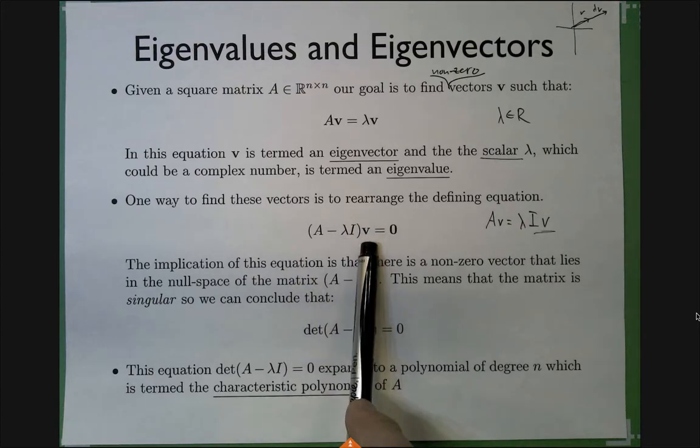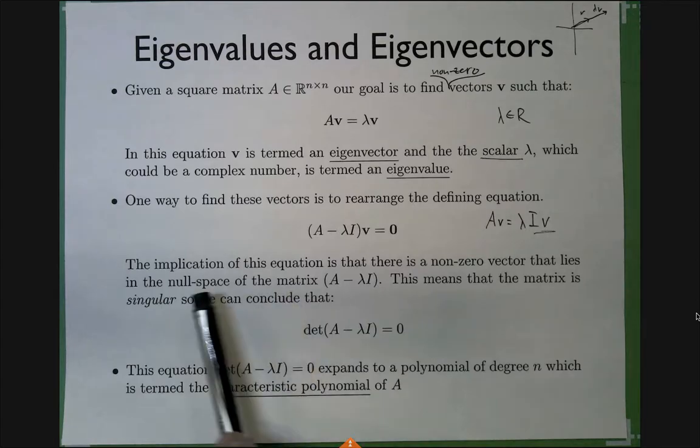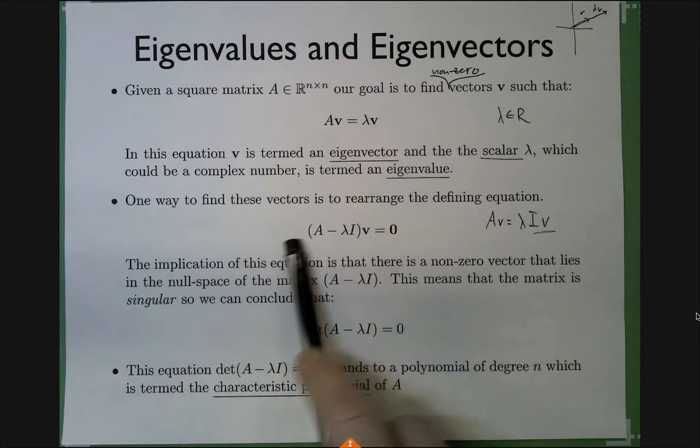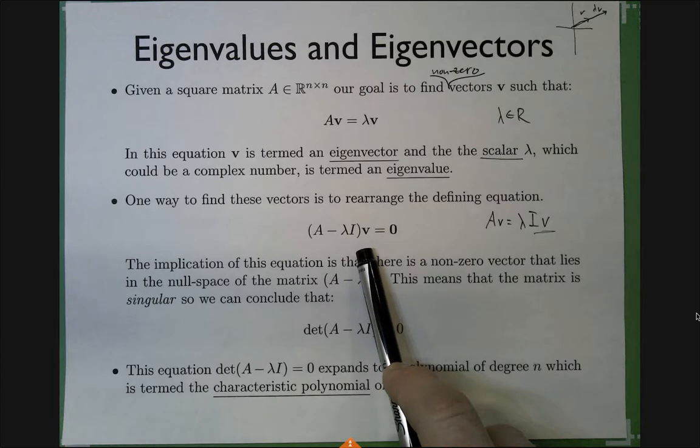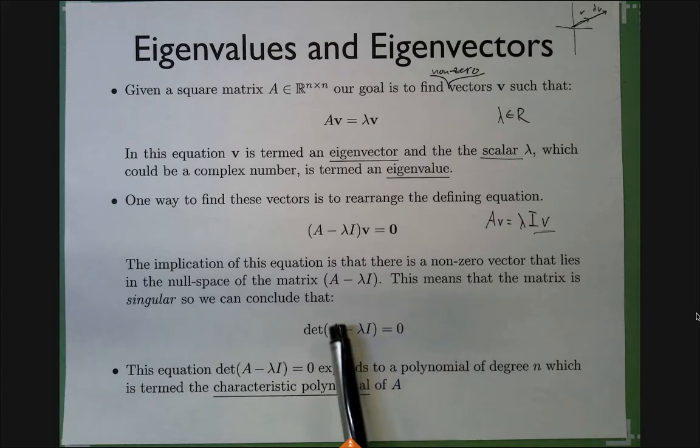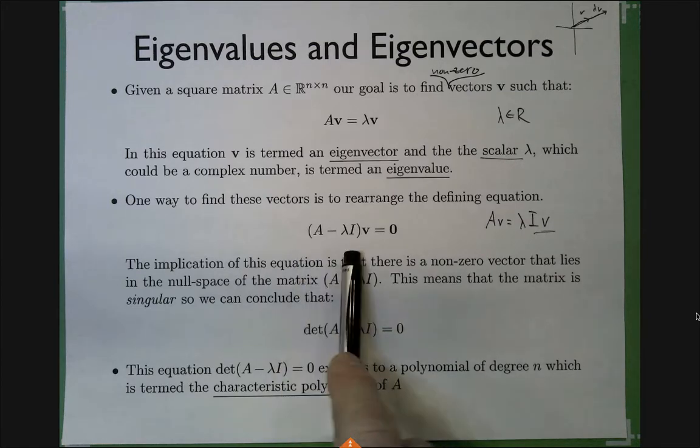Well, it only has a non-trivial solution if there is a non-trivial null space of the matrix. Okay? And there is a non-trivial null space, non-trivial meaning more interesting than just the zero vector, of dimension at least 1. And that's only going to be the case if this matrix is singular, A minus lambda I. Okay?